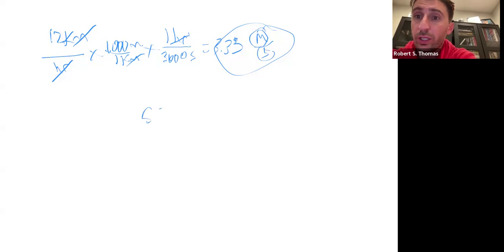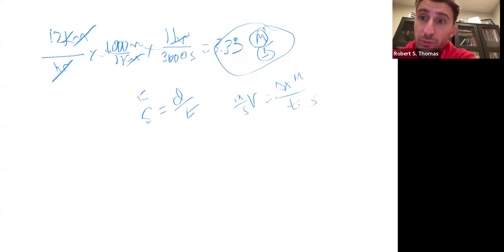So your options are this. You can convert first and then plug into the equations, or as long as the distances and the times match up with all the variables. So as long as this is in meters per second, this has to be in meters, this has to be in seconds. If this is in kilometers per hour, that means this has to be in kilometers, that has to be in hours. So they've got to match up. You can't mix them up.